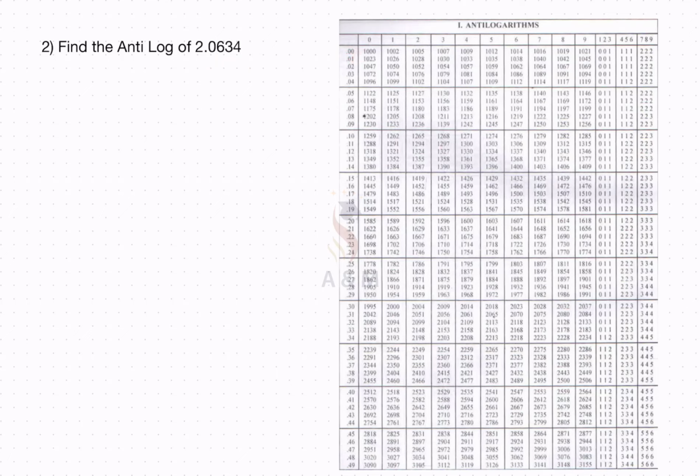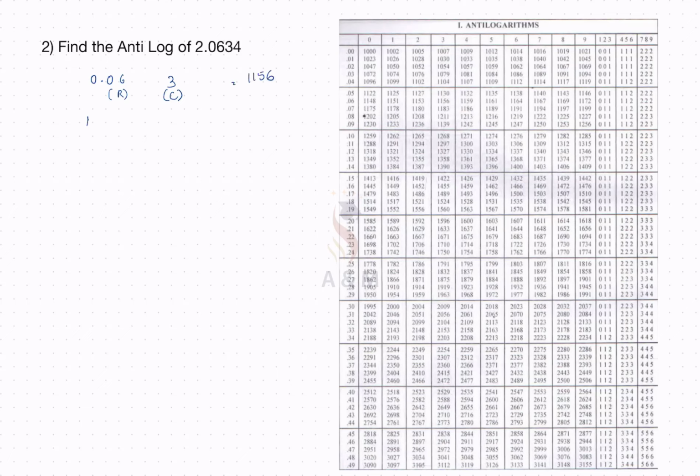So 0.06 here. So 0.06 from the row and the column is the next digit, that is 3. 0.06 and 3, that is 1156.